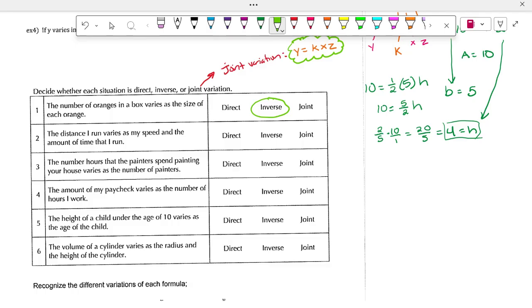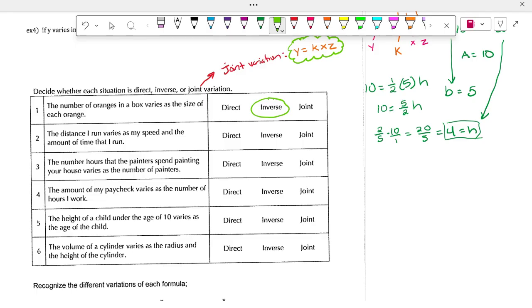The distance I run varies as my speed and the amount of time I run. So your distance varies based off your speed and the amount of time you run. Is that joint? So this one actually is kind of joint. If you're running the same distance, like say you're running a mile and you were going like 2 miles an hour, that means the time that you take is a certain amount.